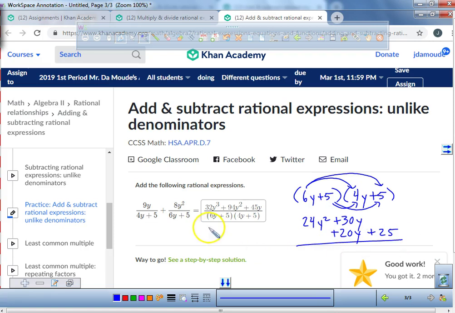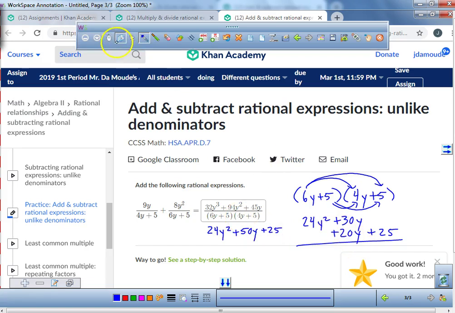So your denominator in expanded form would be 24y squared plus 50y plus 25. So if you would have expanded it, could you put that in the denominator and would have still counted it correct?